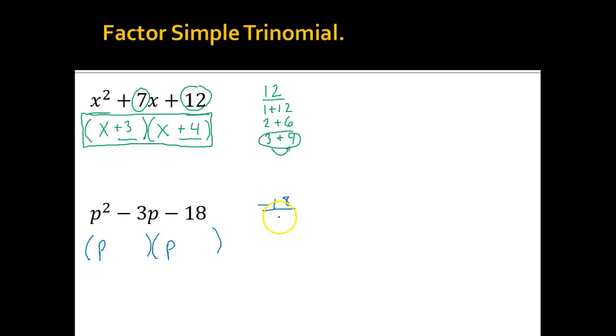The factors of negative 18, the only thing that we have to remember is to get a negative, we have to have one of our factors be negative. So negative 1 times 18, that's the easiest one.